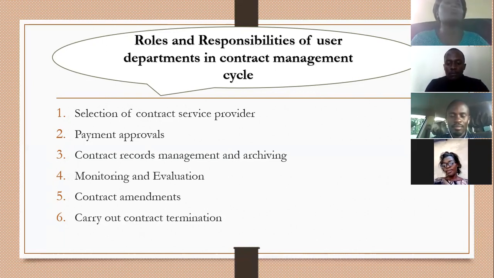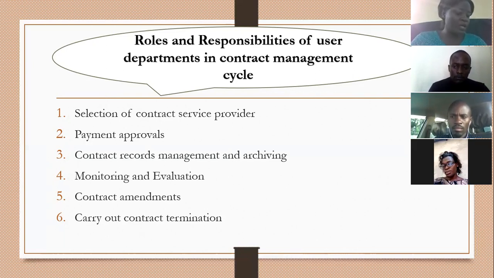To make clarity on selection of a contract service provider, it's very important to ensure that it should be the best bid, and should also consider the financial and the technical suitability.